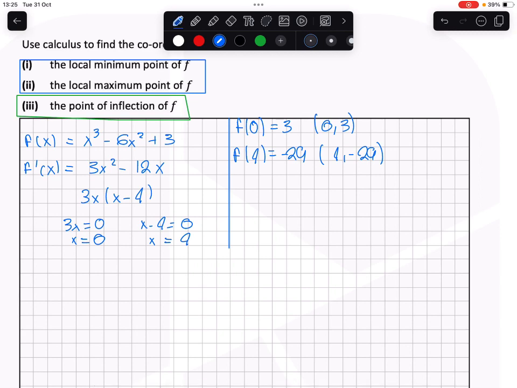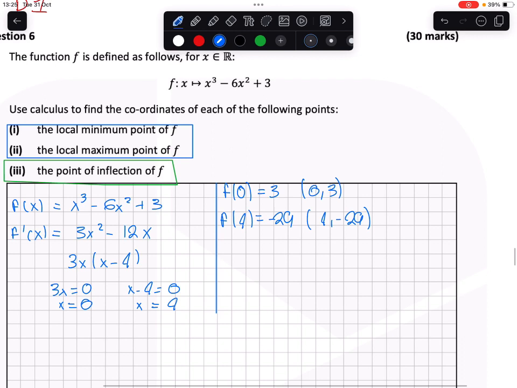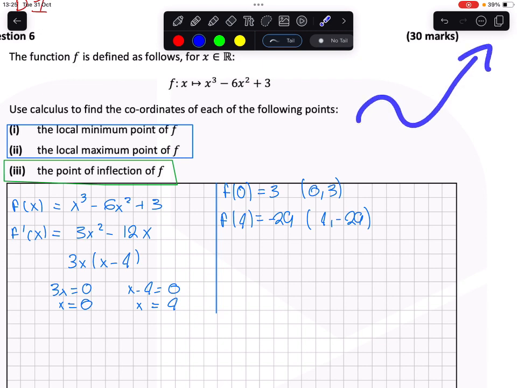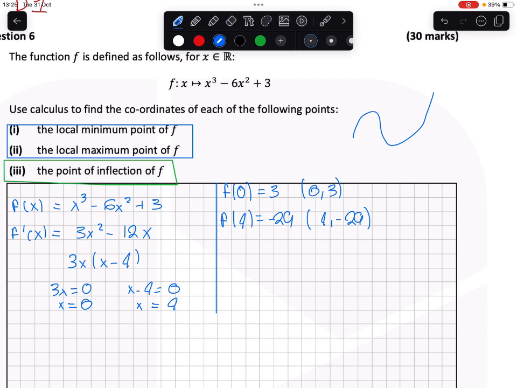Looking at this original function, what we have is positive x cubed, so we know that it's going to have this sort of a shape, where that tails off and that tails off. So we know that it goes up, down, and then back up in some sort of way, and if we plot this, we know that this point right here has to be 0, 3, and then this point right here, because it's further along, is 4 and negative 29.